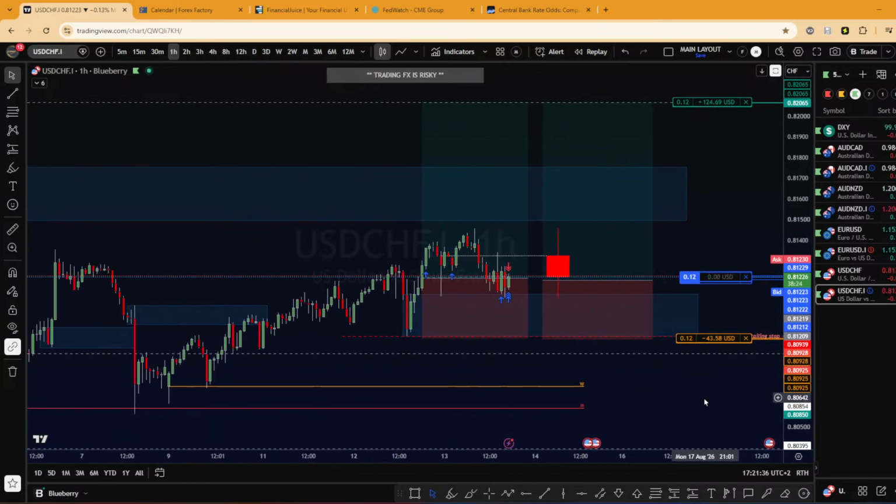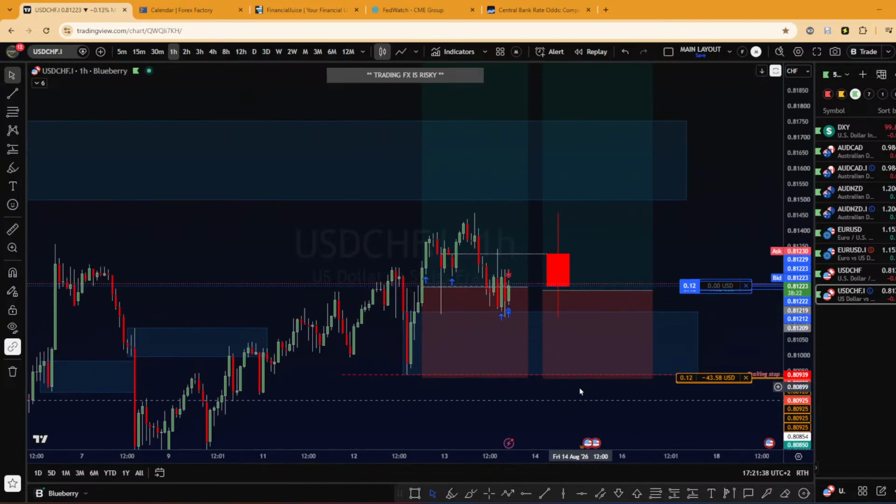The dollar is strong, and the Swiss franc is weak. That's why I had some position right there in this demand zone. So okay, I think that's it.